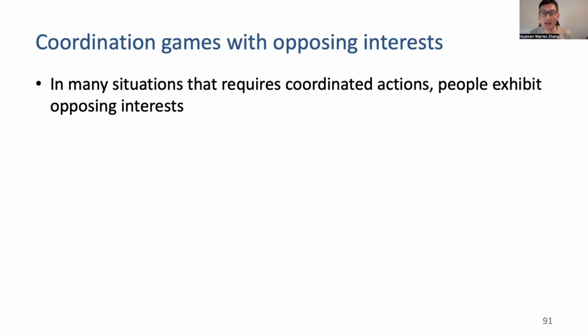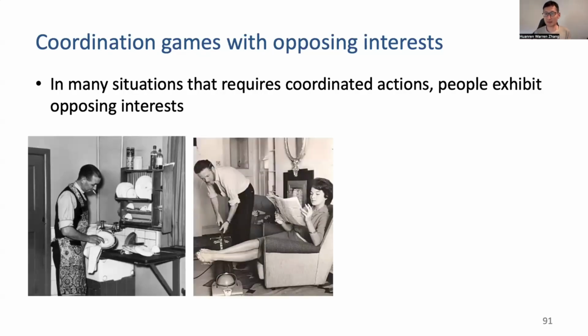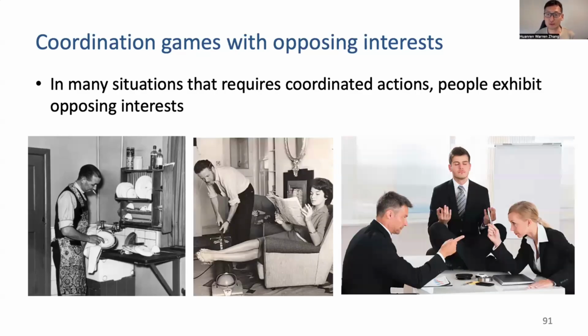So the last type of coordination games are those where two players have opposing interests. In many situations that require coordinated action, people exhibit opposing interests. Like in the family, husband and wife decide who would do the household chores. In a company, right?